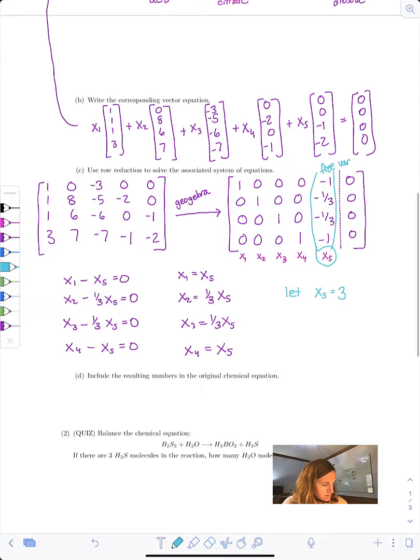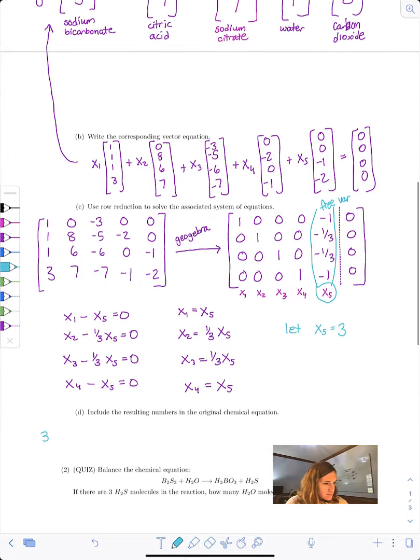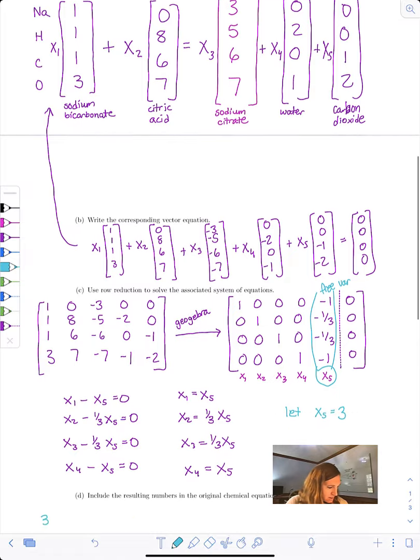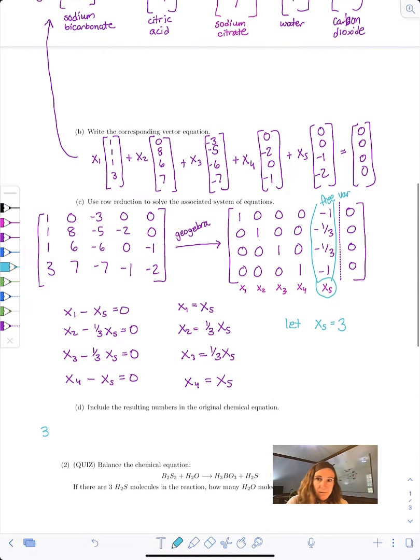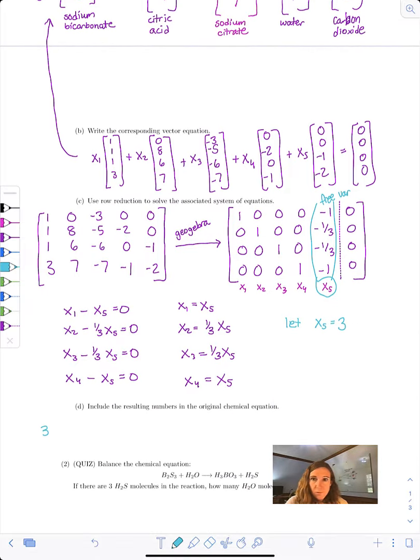Then what we can do is, now we know that x1 is equal to x5. So that's 3 times, let's see, I can't quite see my original equation. Okay, so we have 3 times our sodium bicarbonate plus our citric acid is 1/3 of x5, so we don't have to do anything there.